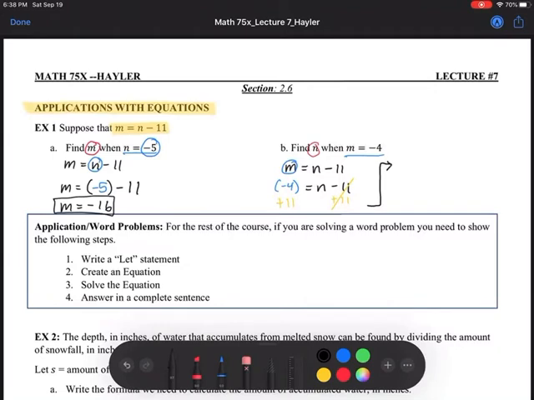So now right here, we have negative 4 plus 11. So negative 4 plus 11, that's going to be 7. Oh, sorry, 7, not 9. So n equals 7. And then we're done.